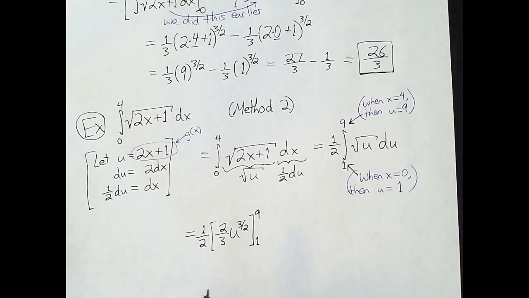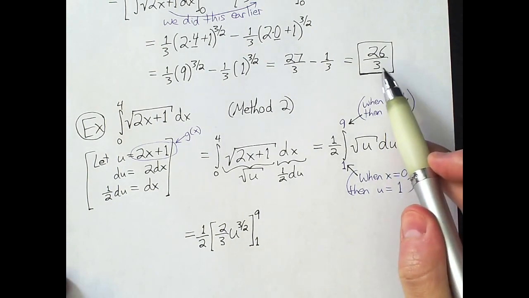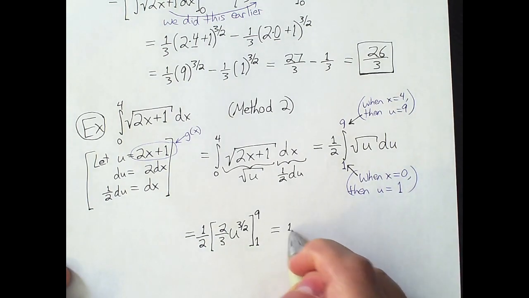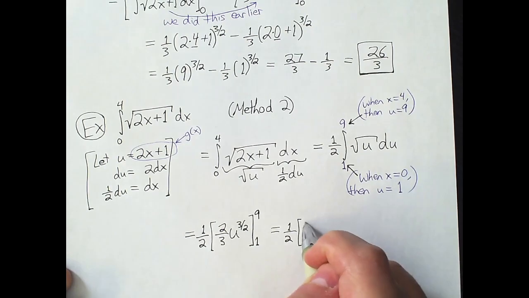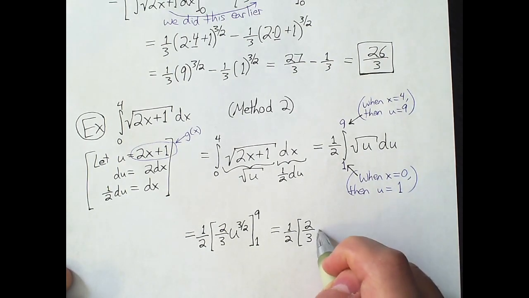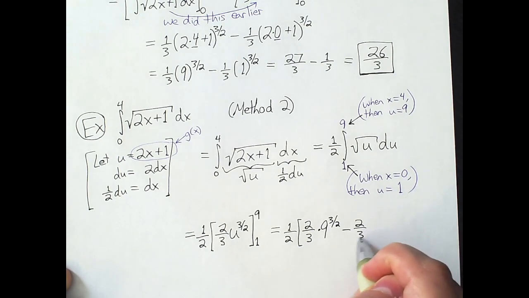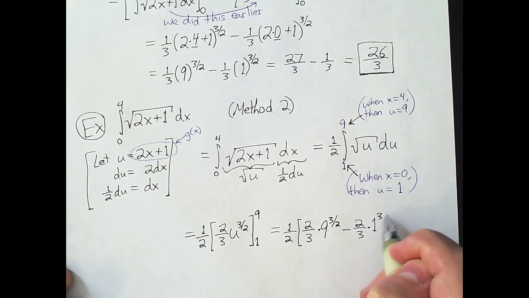We don't actually have to get it back in terms of x, because ultimately the answer is just going to be a number anyway. So this is 1/2 times 2/3 times 9 to the 3/2 minus 2/3 times 1 to the 3/2.